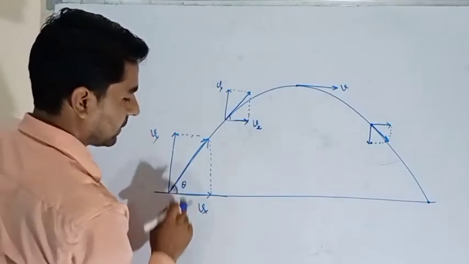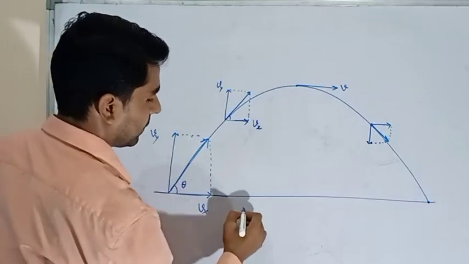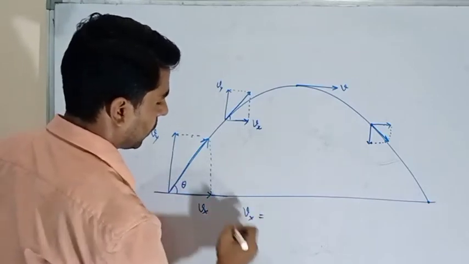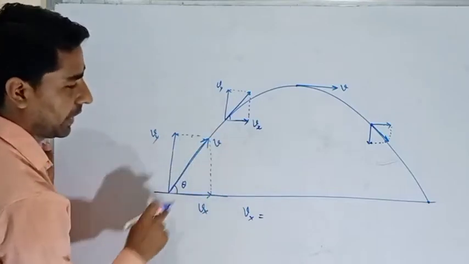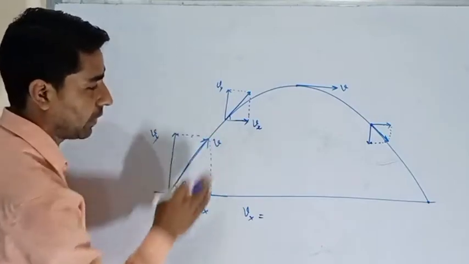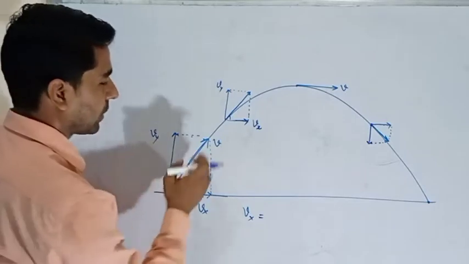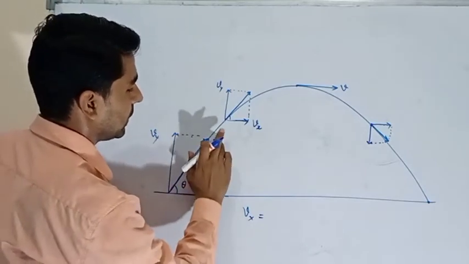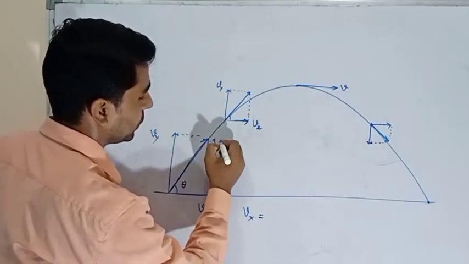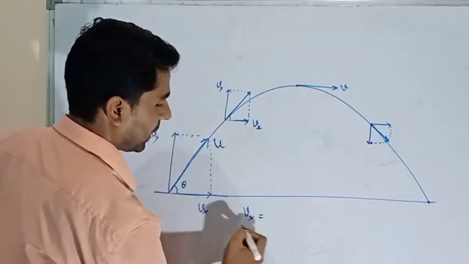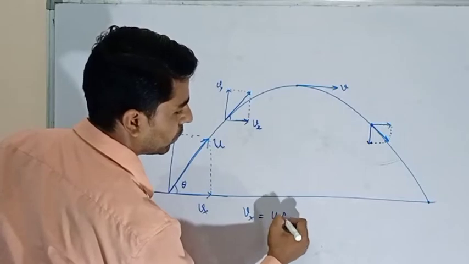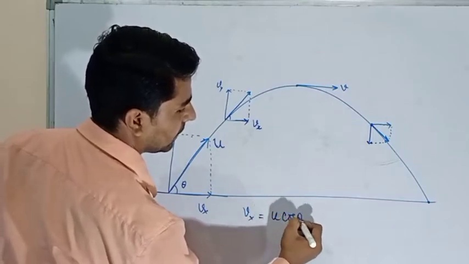So here, taking this angle, the initial velocity of the object has the symbol u. So Vx will be u cos theta.